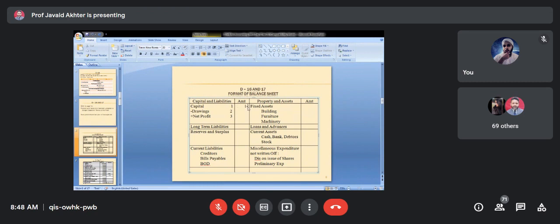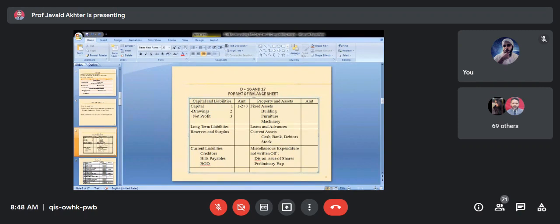Yes, this is correct. Capital, you subtract drawings. I have changed it. Do you see the changed one now? Yes, sir. 1 minus 2 plus 3.